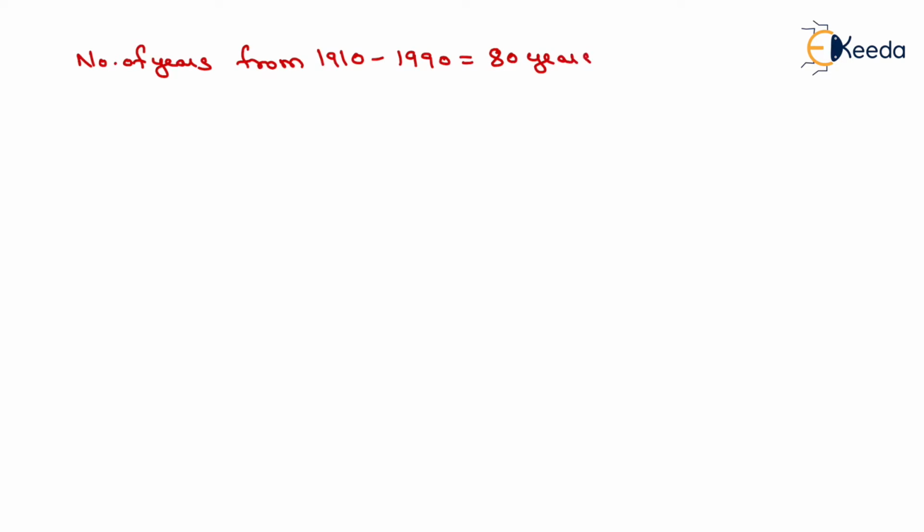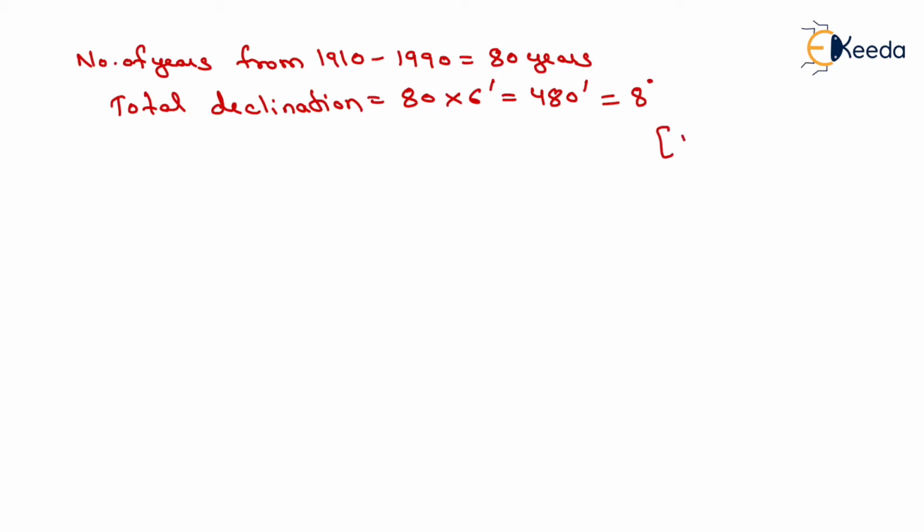Okay, and in 1 year the declination was 6 minutes eastward, so the total declination will be equals to 80 into 6 minutes, and it will be equals to 480 minutes, and we can just say that this 480 minutes will be equals to 8 degree, because 1 degree is equals to 60 minutes.